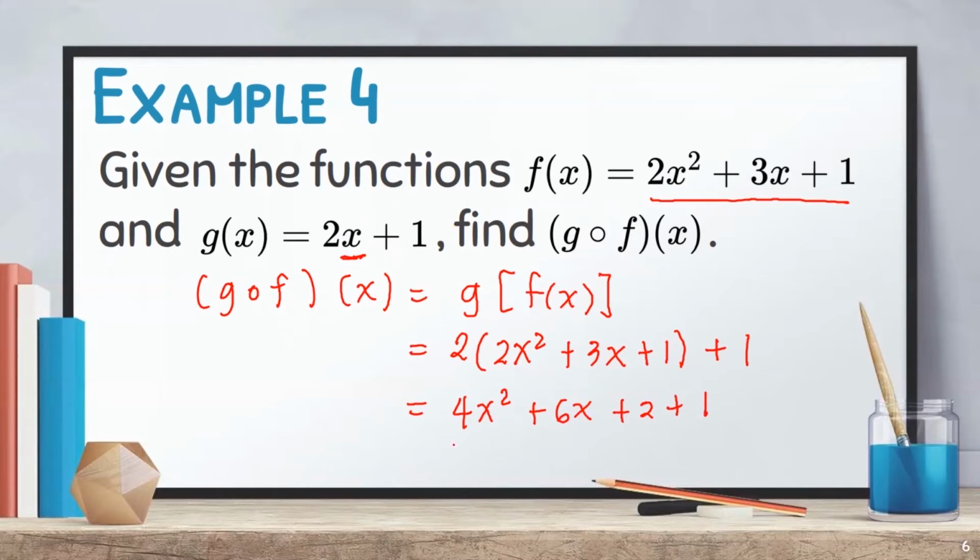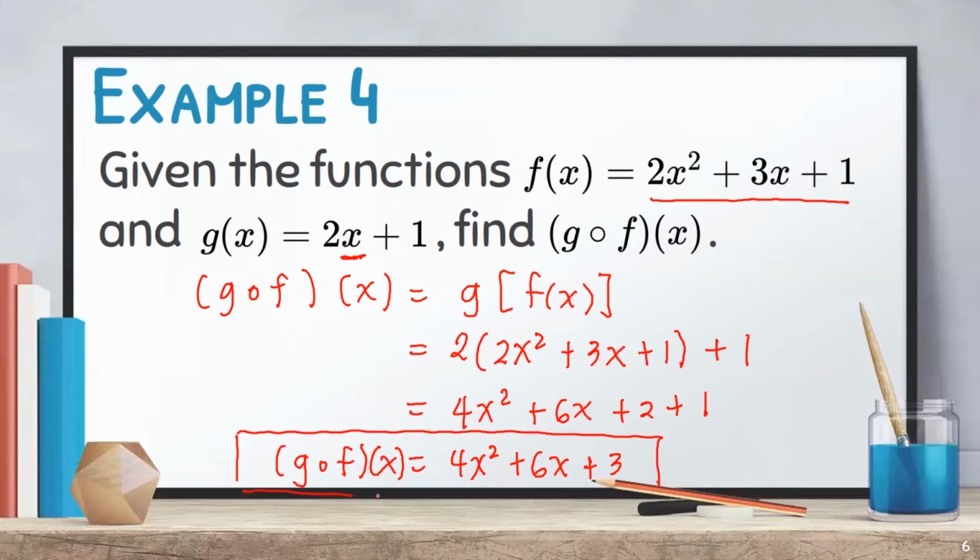Okay, so from here, what we can combine is positive 2 and positive 1. So we simply bring down or copy 4x squared plus 6x and then plus 3. So therefore, the final answer of g composition of f of x is 4x squared plus 6x plus 3.